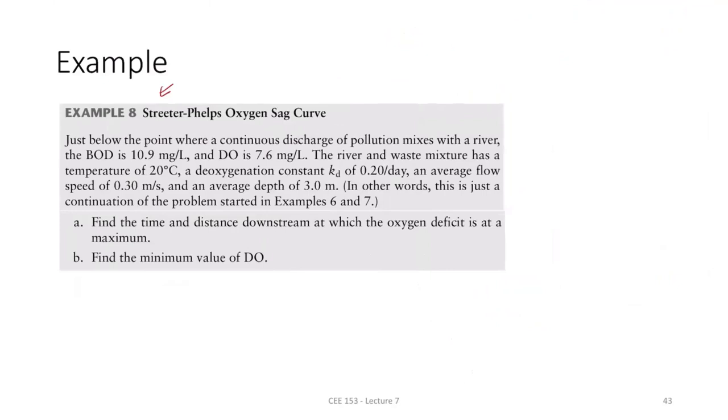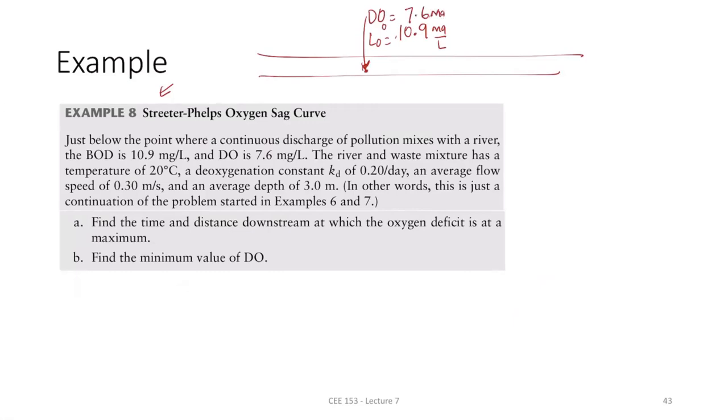Just below the point where a continuous discharge of pollution mixes with a river, the BOD is, so basically you're saying there is a river and your waste is mixing just at this point. Your BOD, that means you can write L0, is 10.9 milligram per liter, and DO at 0, or initial, at that spot is 7.6 milligram per liter.